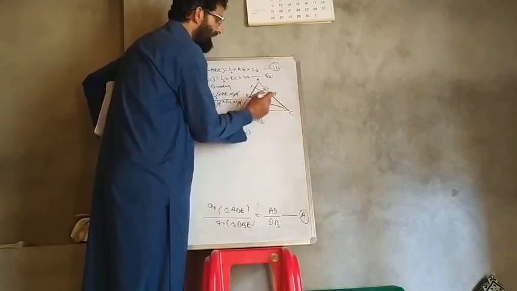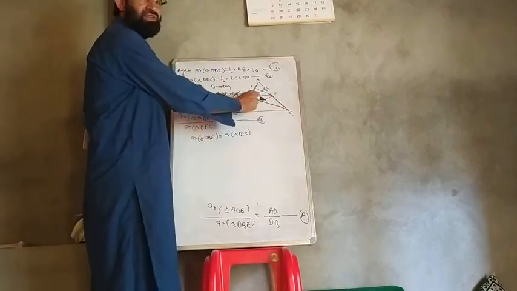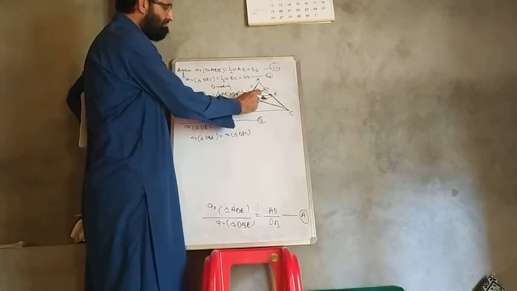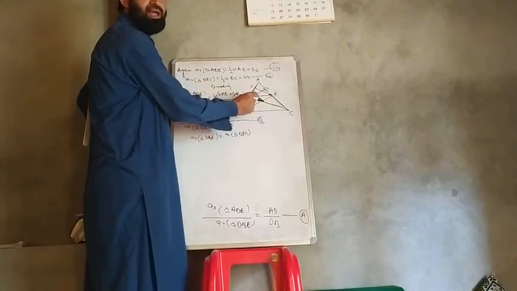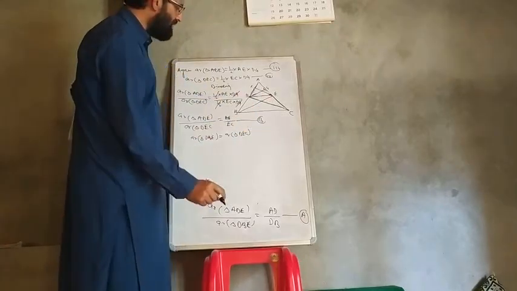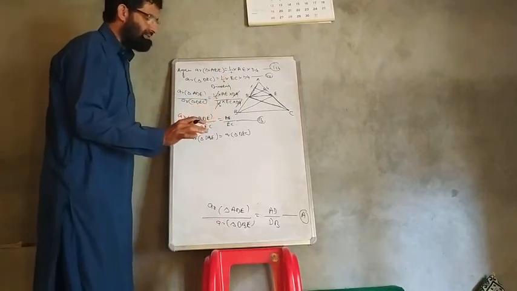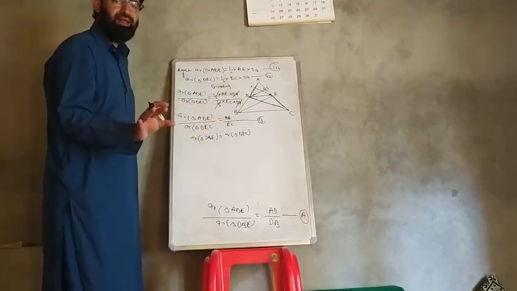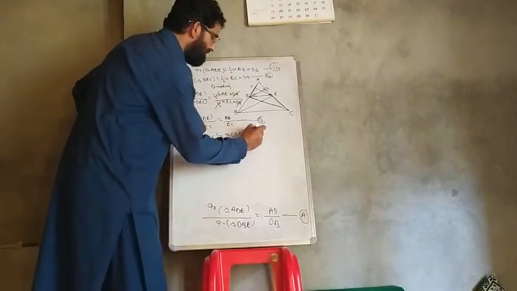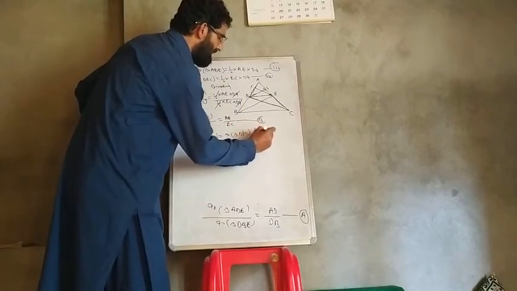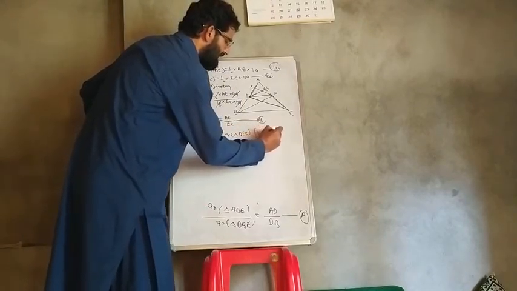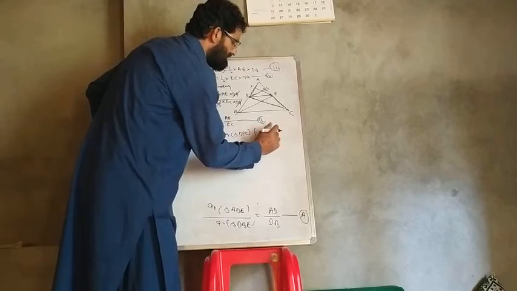These are the two triangles formed on the same base DE and between the same parallels DE and BC. Therefore, they are equal in area because we know that triangles on the same base and between the same parallels are equal in area. Therefore, we'll write it here because triangles are on the same base.